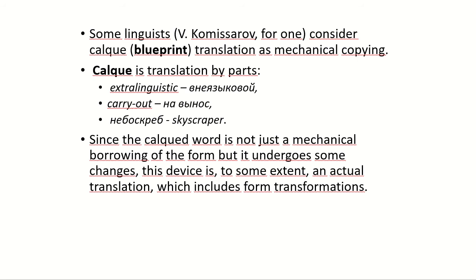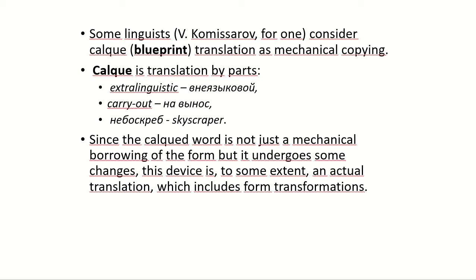Okay, and some linguists, and one of them is Komissarov, consider that calc translation is also a type of mechanical copying. And what is calc translation? Calc translation is translation by parts. For example, extralinguistic is translated like внеязыковой into Russian.